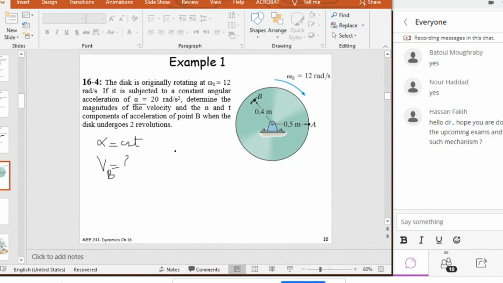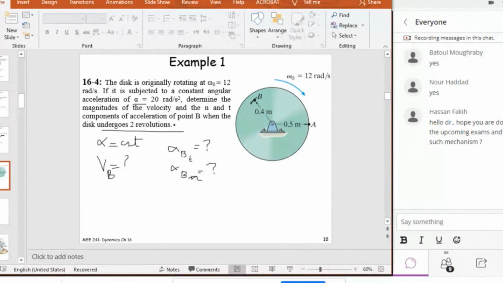As well as I need to determine alpha B tangential and alpha B normal. Right? Knowing that alpha is constant and equal to 20 radians per second squared. The question is to determine alpha BT, alpha BN, and VB when the disk undergoes 2 revolutions.